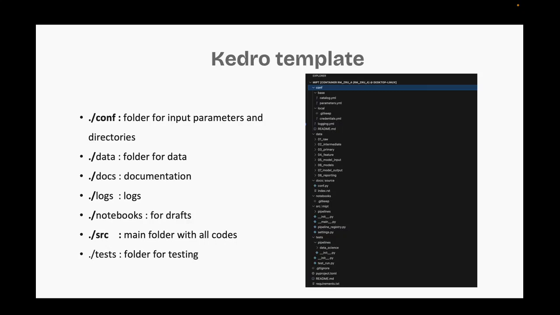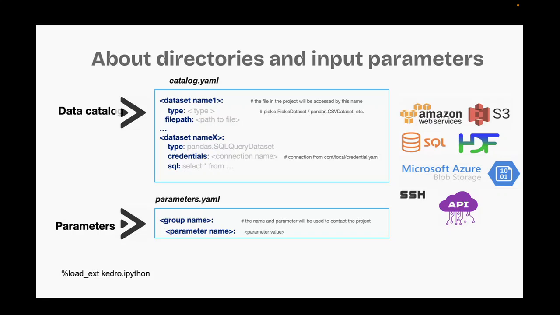Now let's dive deeper into how the pipeline is set up within Kedro. In the data catalog, as I said earlier, it's one of the main folders. Our datasets can be read or written in various formats. Some of them are shown on the slide: S3, Microsoft Azure, SQL, and so on. The most popular are text files, such as Pickle, Parquet, CSV, and so on.